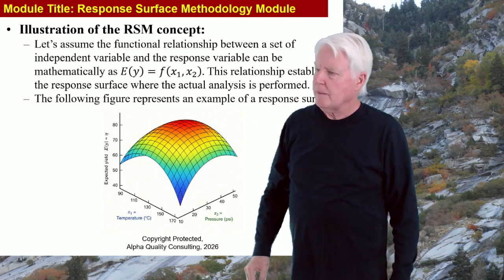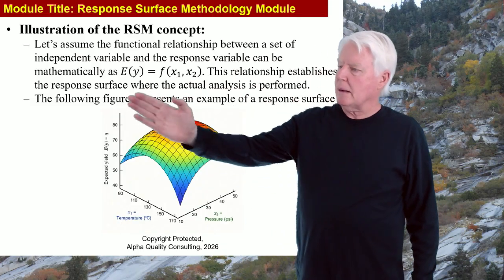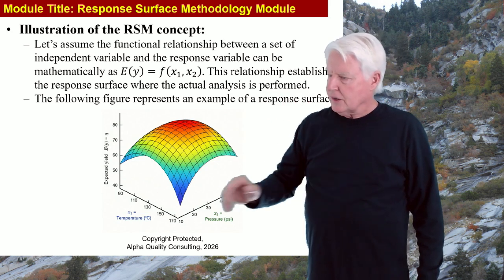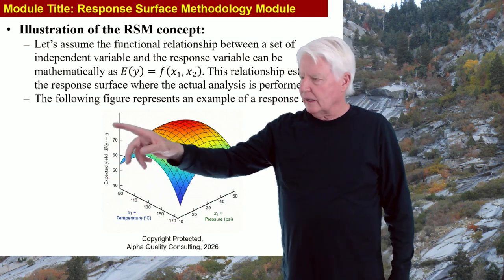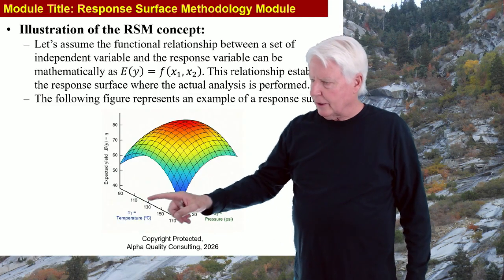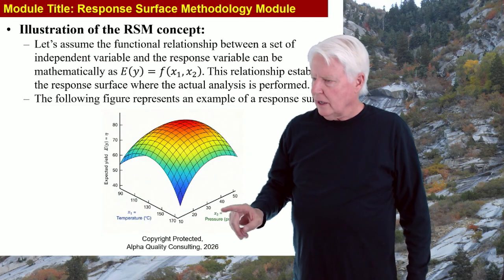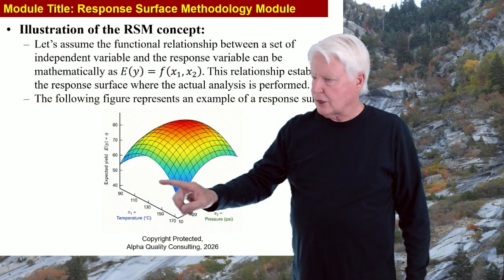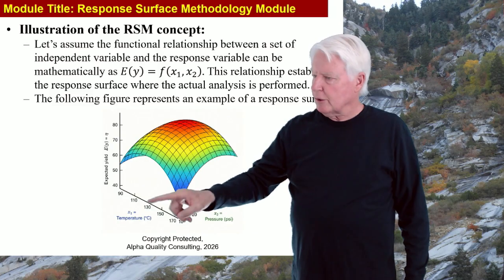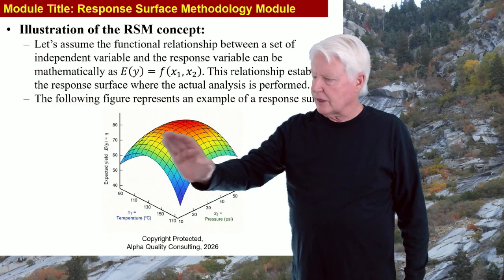This relationship establishes the response surface where the actual analysis is performed. So here I have temperature, pressure, and yield. I can take any of these values, the temperature and pressure, and go up here and get the value from those two variables on this response surface.